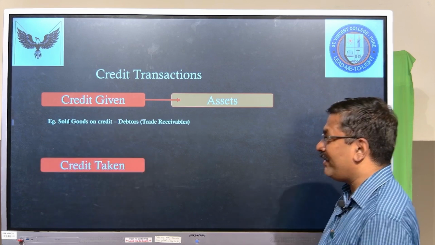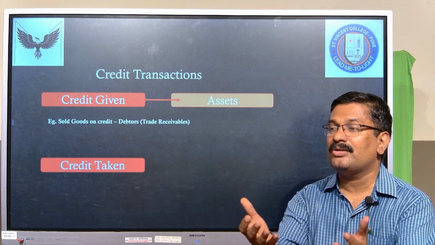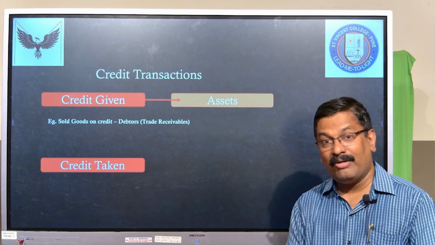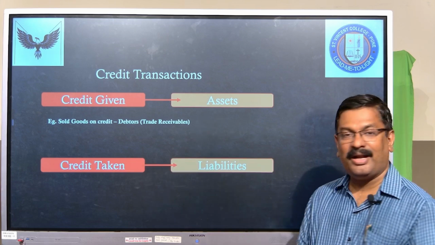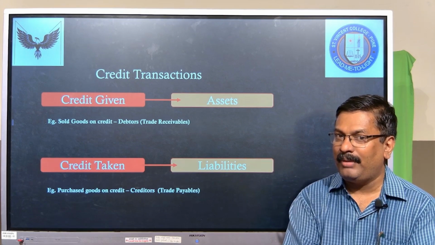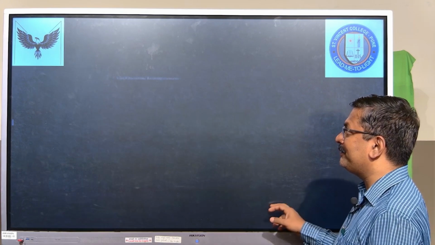When I am receiving or taking credit, that means I purchased goods from some wholesaler or manufacturer and I have to give it back. That becomes a liability, which is a current liability. I am supposed to pay that money to my manufacturer or the dealer; that is my liability.